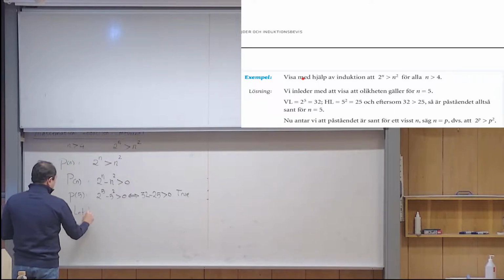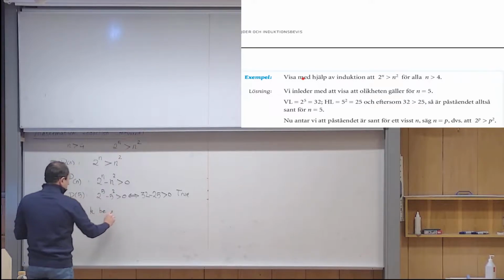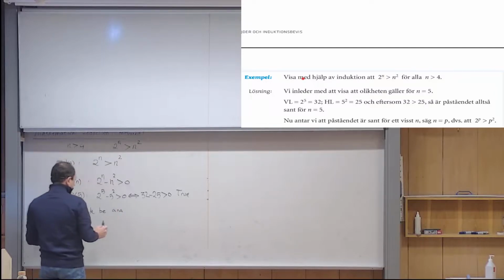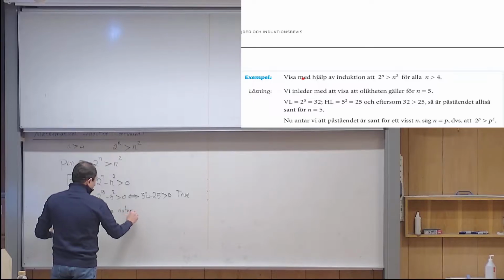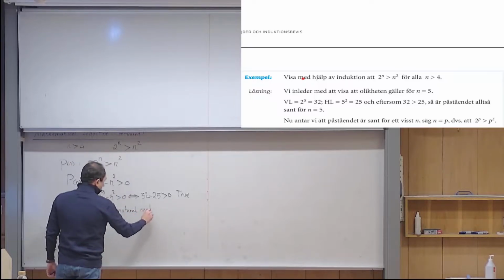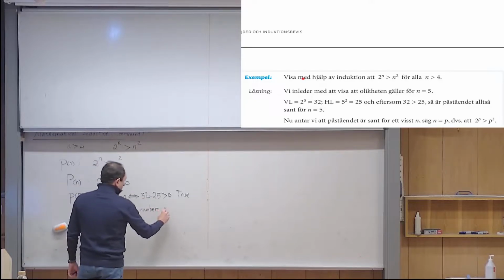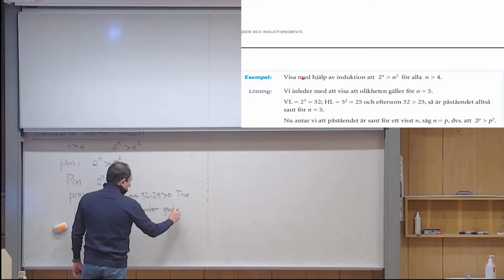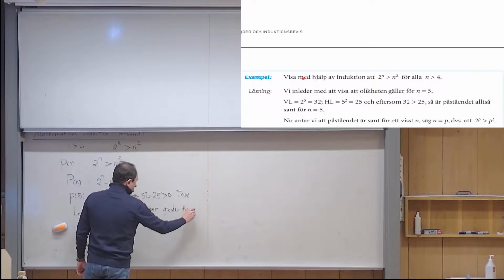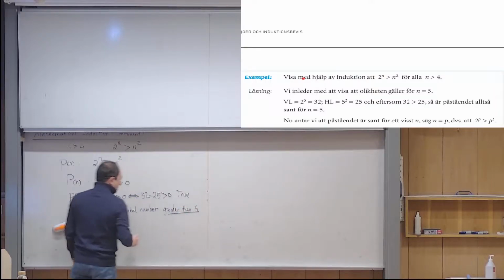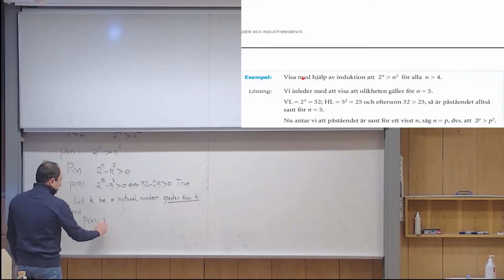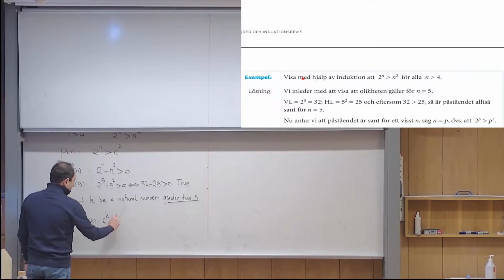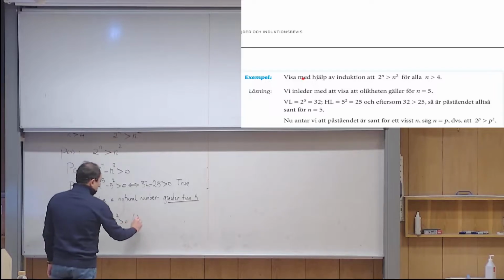Let k be a natural number greater than 4, and P(k) assumed to be true: 2 to the k minus k squared is positive, assumed to be true.